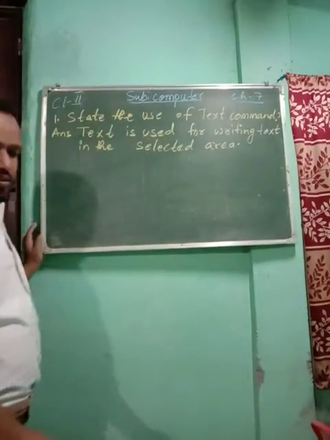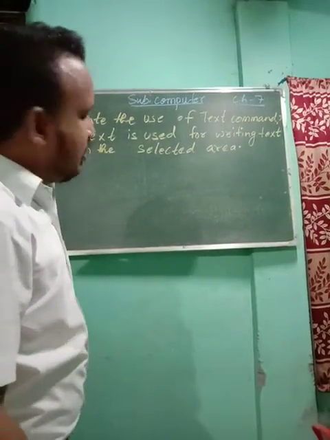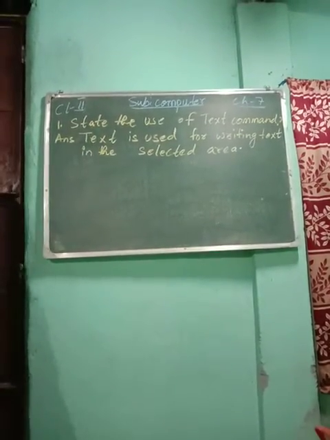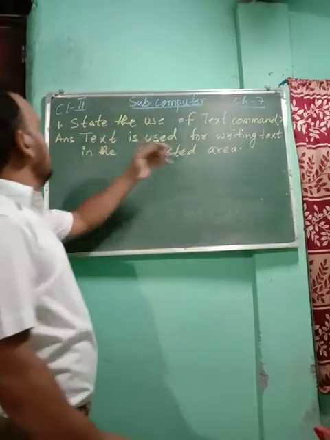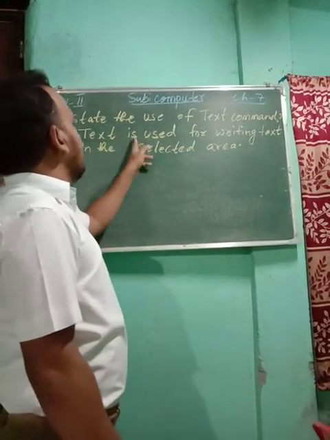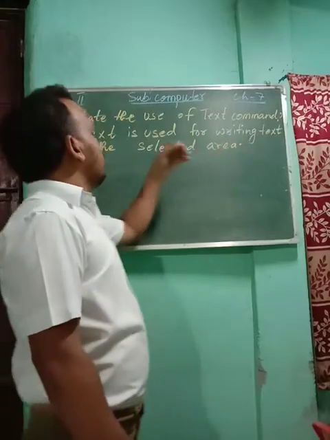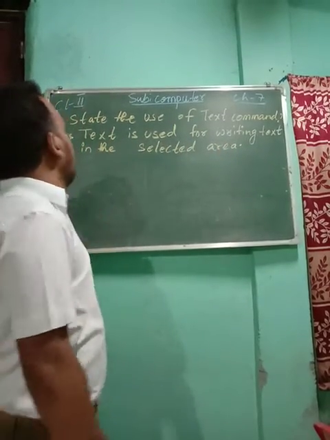So this is your number one question and answer. Number one question is, state the use of text command. The answer is text is used for writing text in the selected area.